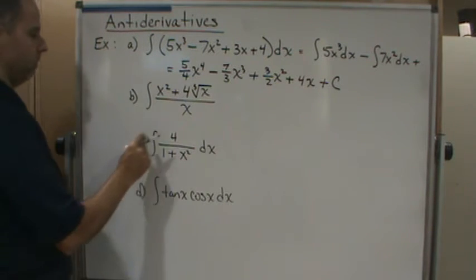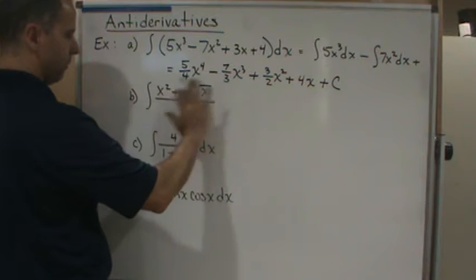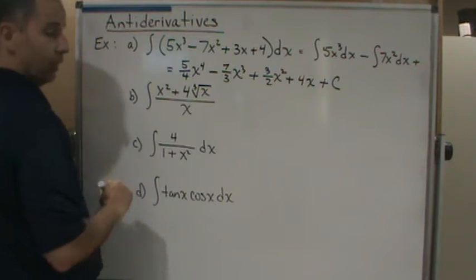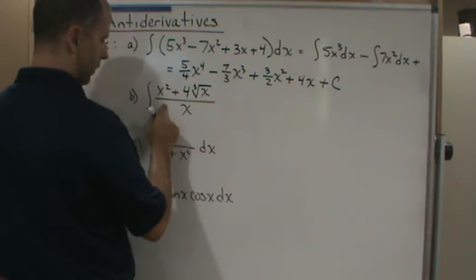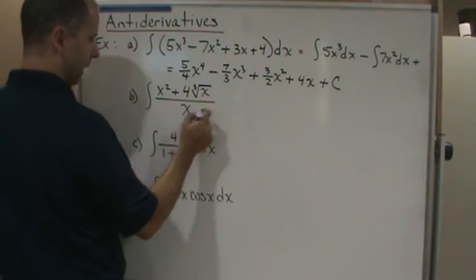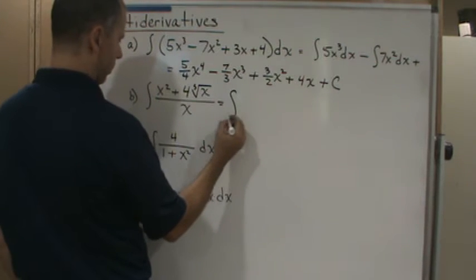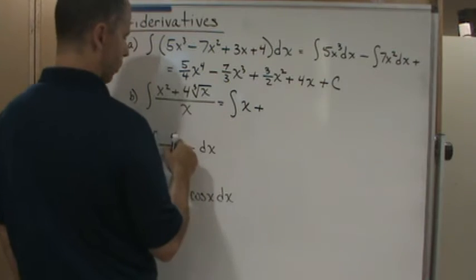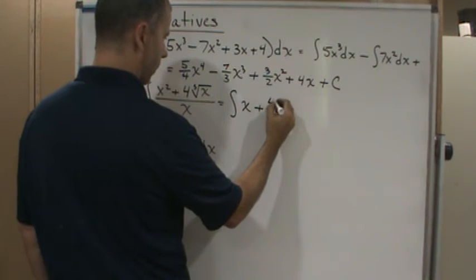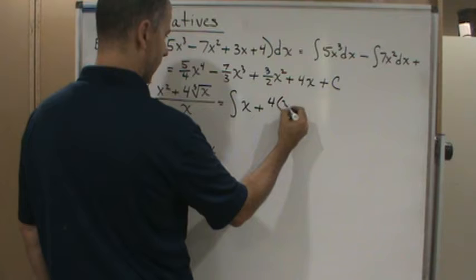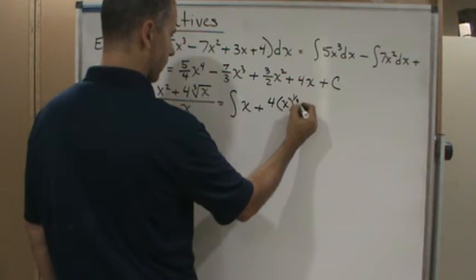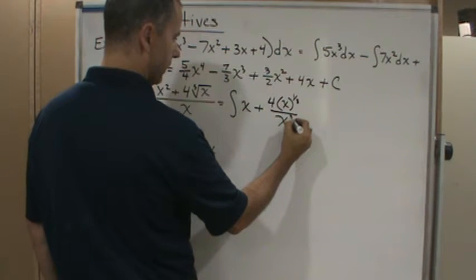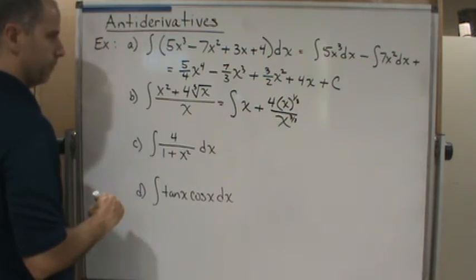Now, what about this one? Well, here, I'm going to rearrange and simplify this by making this into two terms, right? So I'm going to divide both terms here by x. So this is going to be the integral of x plus 4x to the 1/3 divided by x, and instead of a 1, I'm going to make this 3/3, right?